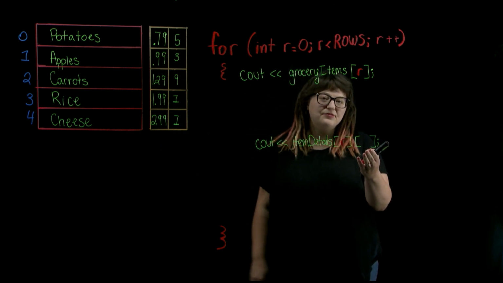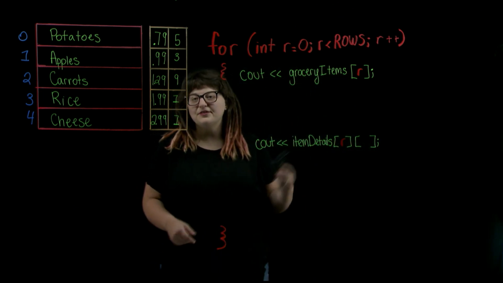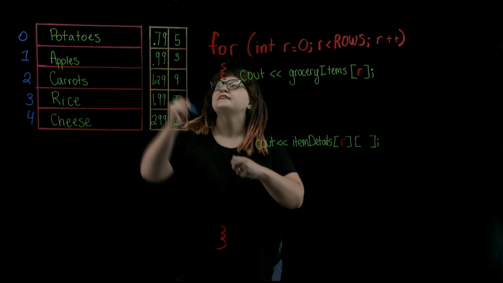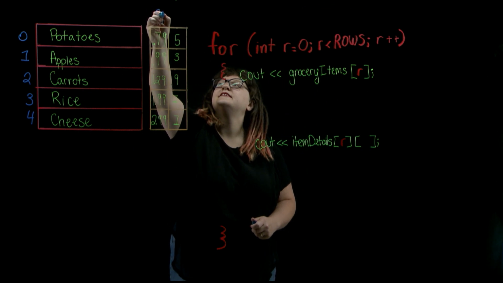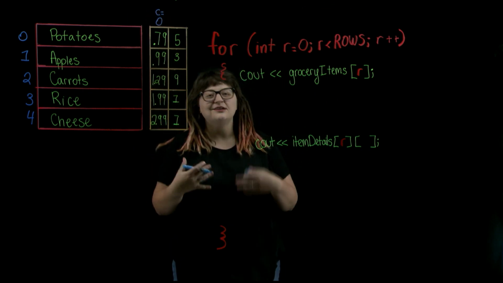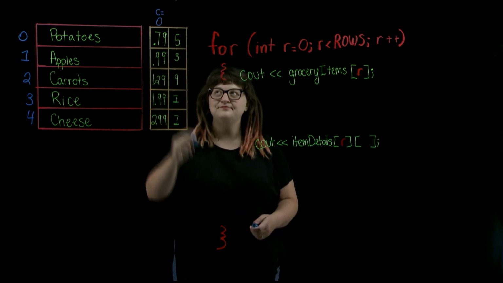But now what do we want to put for our column index? If we put 0, we'd be printing out our price column of our 2D array. If we put 1, we'd be running into the same problem, but we'd only be printing the quantity column.